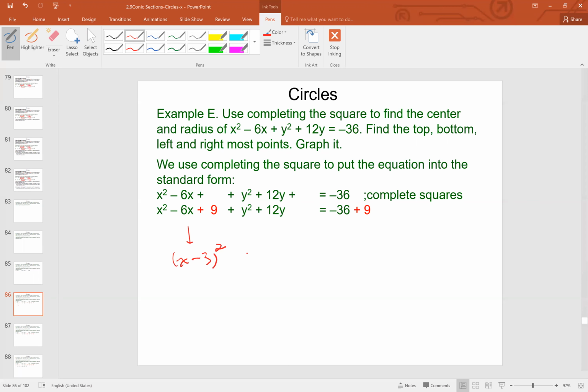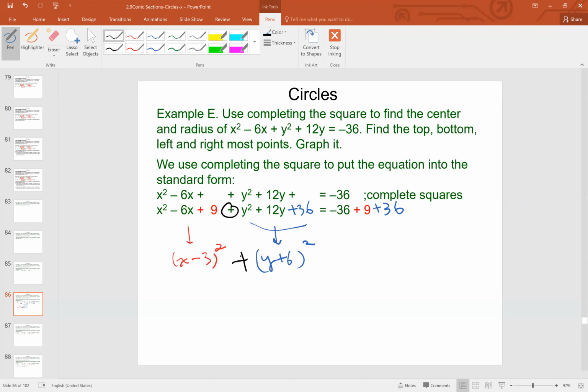It is (x minus 3) squared. Then I do the same thing with the y. Remember, we have plus 36, so we add 36, and then this becomes (y plus 6) squared, joined by the plus. That's how we complete the square.